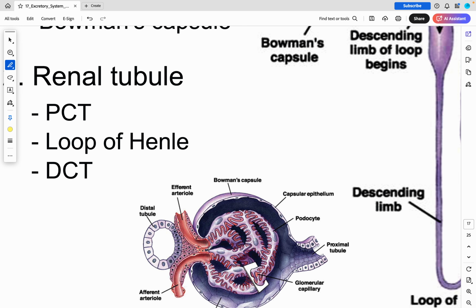The glomerular layer of filtration facilitates the filtration of material from the blood.